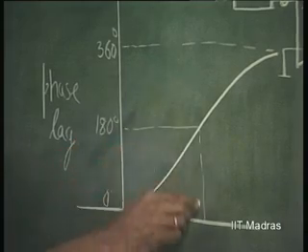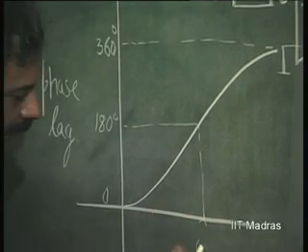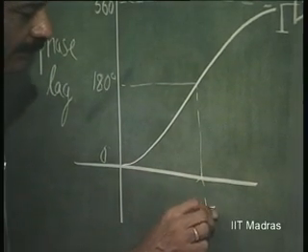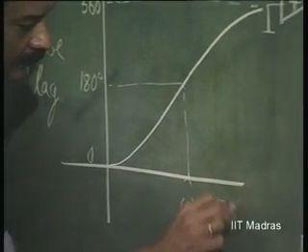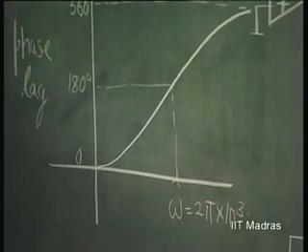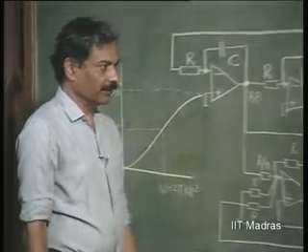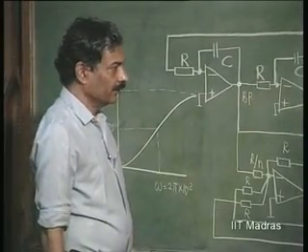So, 180 degrees. This is going to occur at a frequency which is 2 pi into 10 to the power 3, omega naught, f naught. Okay.